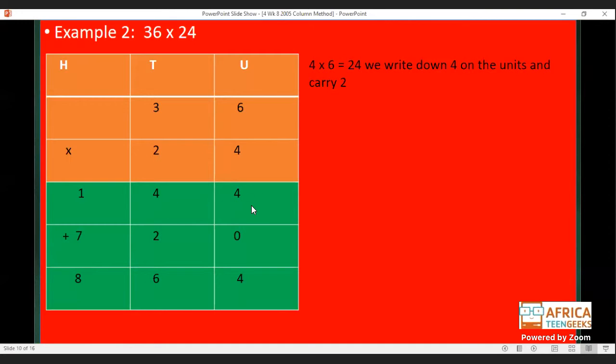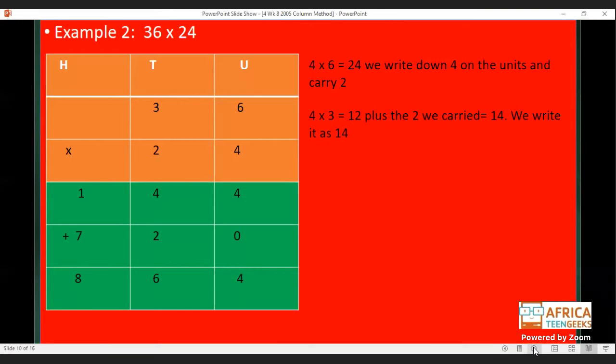So we write down the 4 and we carry the 2. You can put up your 2 hands so that you don't forget the 2 that you carried, right? And then we say 4 multiplied by 3 is 12, plus the 2 that you carried. So now your hand will be up, isn't it? And then ma'am will be like, why is your hand up?